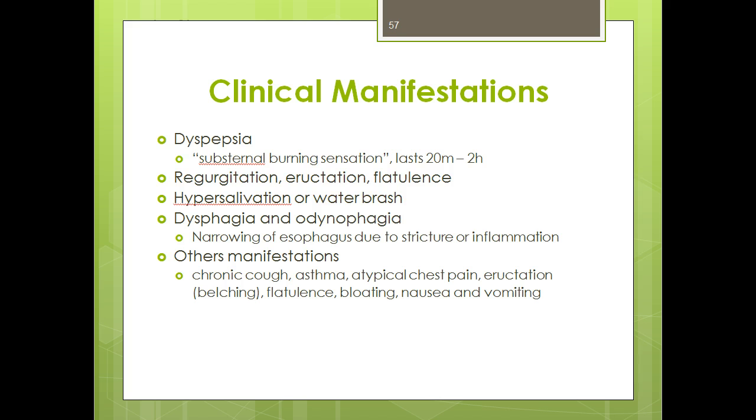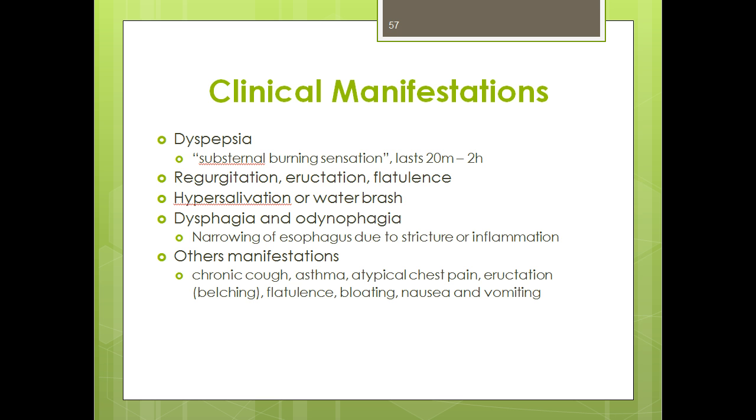They might have hypersalivation, and they may have dysphagia, which is difficulty swallowing, and odynophagia, which is painful swallowing. That's a result of the irritation of the esophagus due to stricture or inflammation.